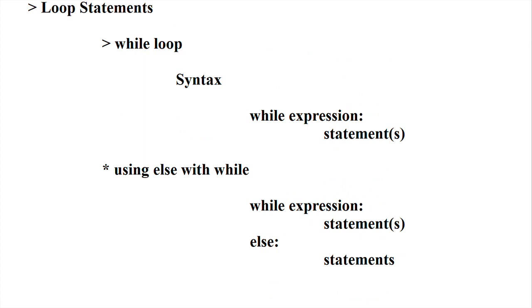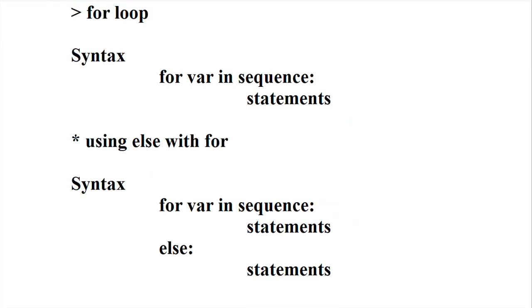The next one is loop statements. In that, the first one is while loop. A while loop repeats as long as a certain boolean condition is met and the expression is true, then it executes the statements. Using else with while is optional. The else part is executed if the items in the sequence used in the while loop are exhausted. The next one is for loop.